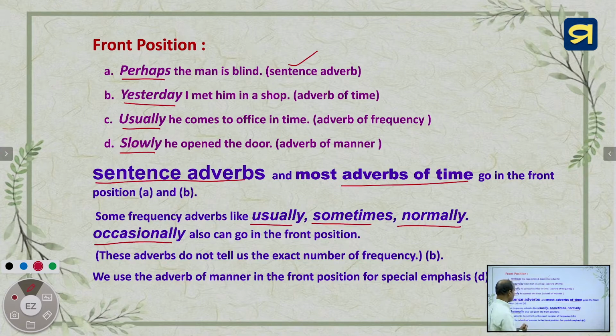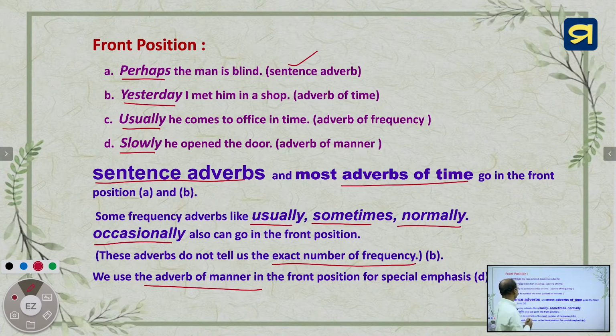These adverbs do not tell us the exact number of frequency. Here you can mark that usually he comes to office in time. The word usually doesn't tell us the exact number of occurrences of that event. So we use the adverb of manner in the front position for special emphasis.